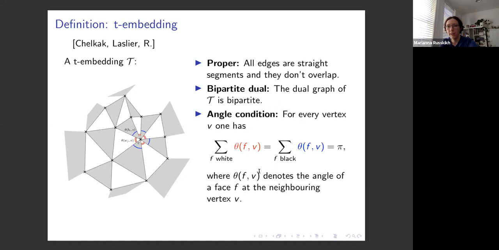And the last important condition is that those embeddings satisfy the angle condition around each vertex. So the sum of black angles around each inner vertex is the same as the sum of all white angles, and both of them are pi.